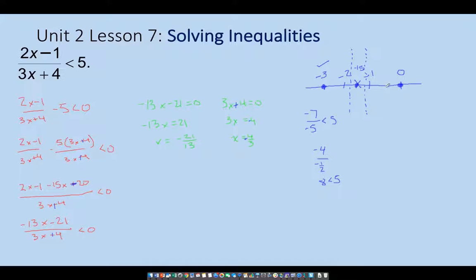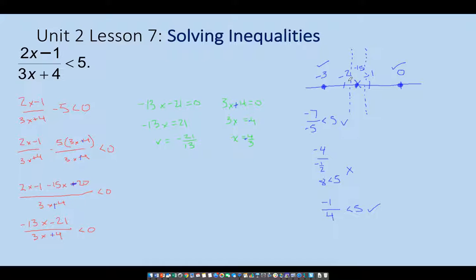And then over here, picking 0. 0 is going to be a nice friendly one to work with. 2 times 0 is 0, minus 1 is negative 1. On the bottom, I get 0 plus 4, which is 4. Is negative 1/4 less than 5? I'd say yes. Okay, and so this one checks out.